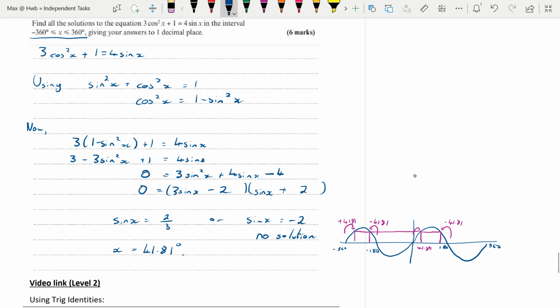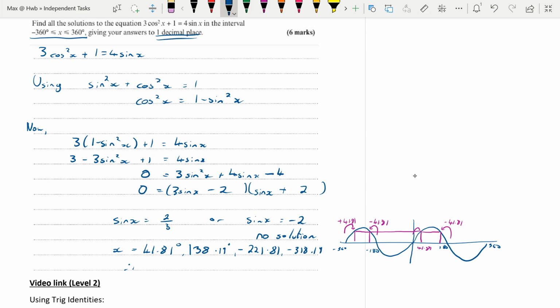If I do that, I end up with the following solutions: 138.19, minus 221.81, and minus 318.19.